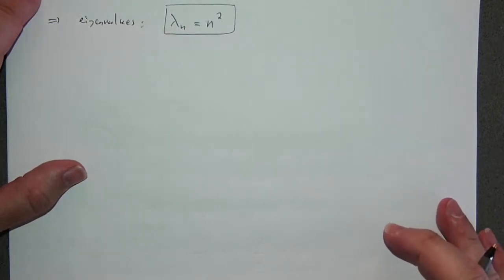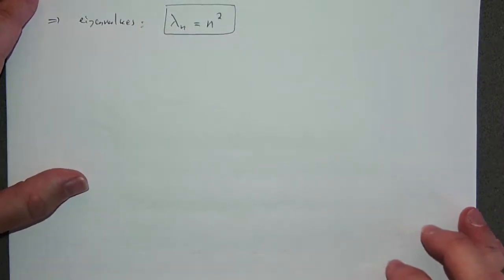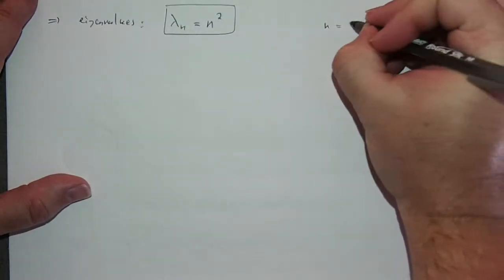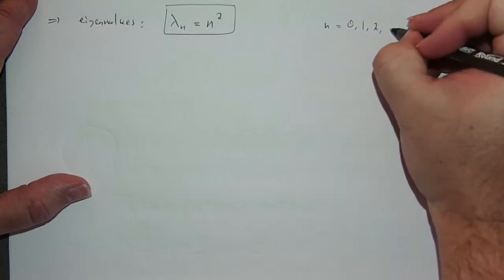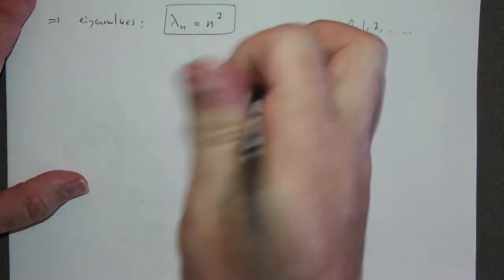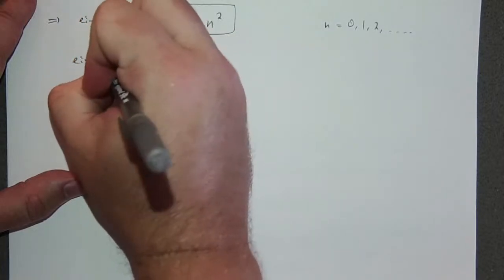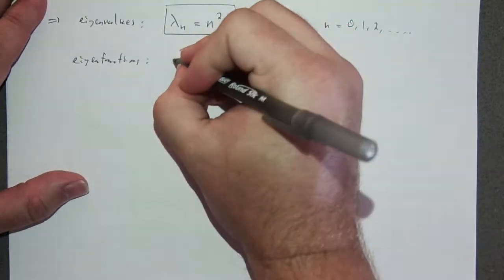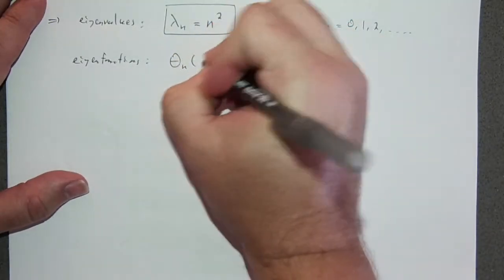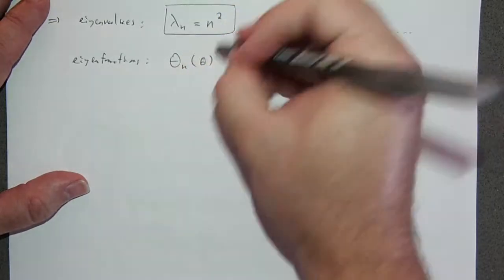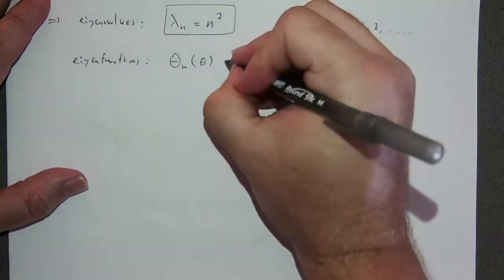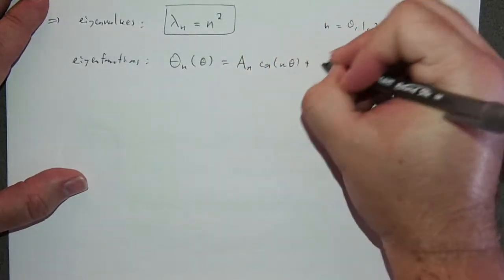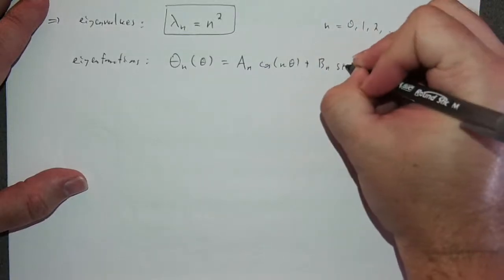Because this is the full Fourier series, I can state this for n equals 0, 1, 2, and so on. The eigenfunctions are big Theta sub n of theta is equal to a sub n cosine of n theta plus b sub n sine of n theta.